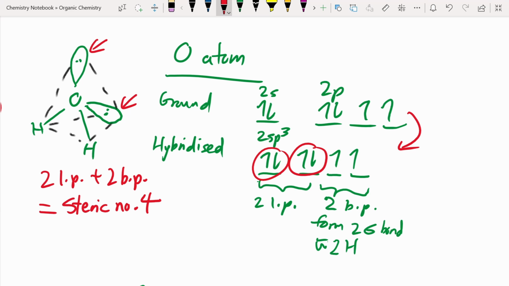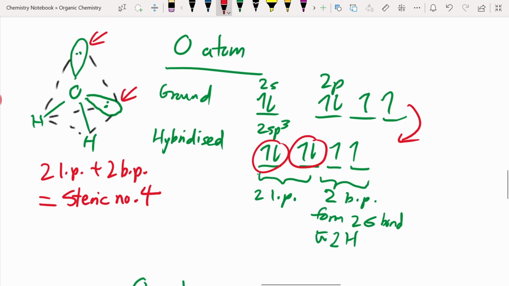In this figure, it's a bent-shaped molecule, but the electron pairs are in a tetrahedral arrangement. Then the 2 leftover half-filled orbitals can be used to form your 2 sigma bonds with your 2 hydrogen atoms.